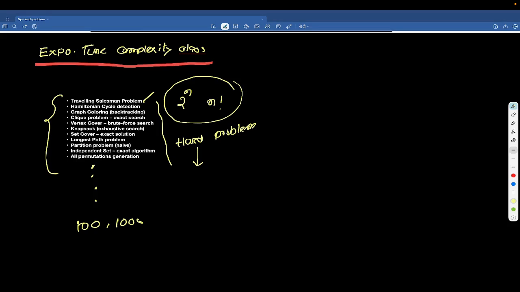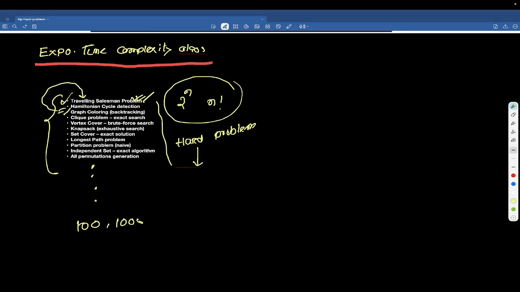That is why writing individual non-polynomial algorithms for each of the problems is a little difficult. People try to solve any one of the problems first, and then the rest of the problems are somehow transformed to the previous problem.